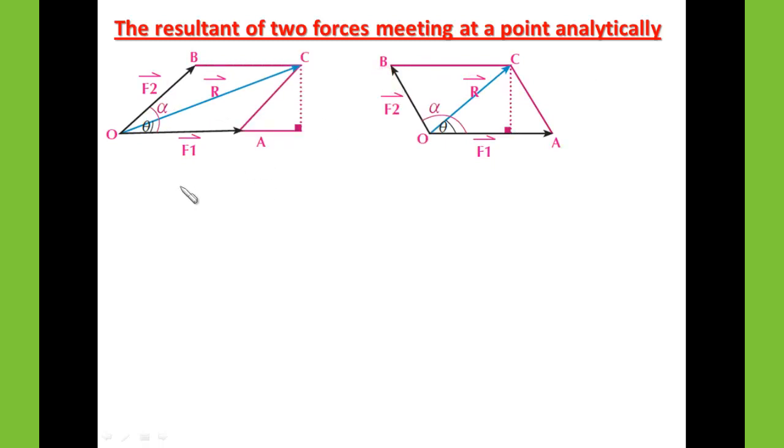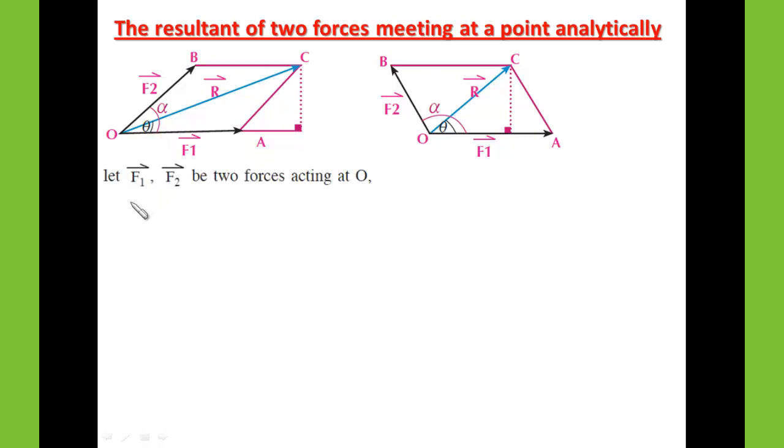If we have the two forces F1 and F2 represented by the two sides of the parallelogram OA and OB, and the angle between F1 and F2 of measure alpha, we know that OC represents the resultant, and the angle between the resultant and OA equals theta.